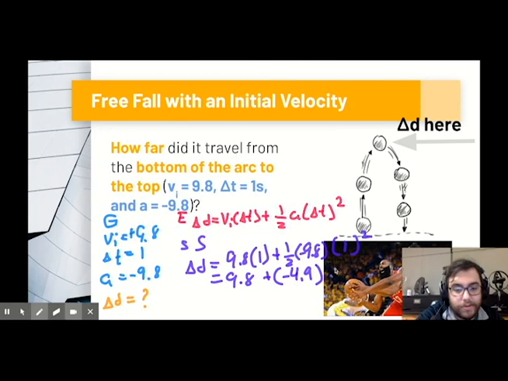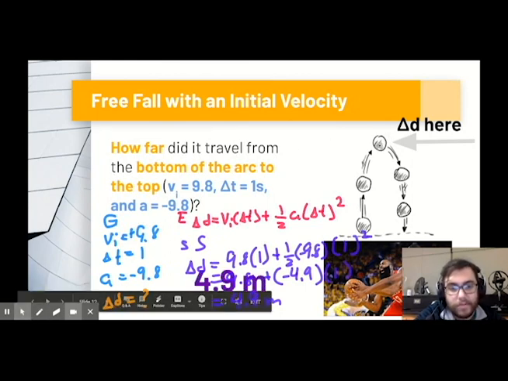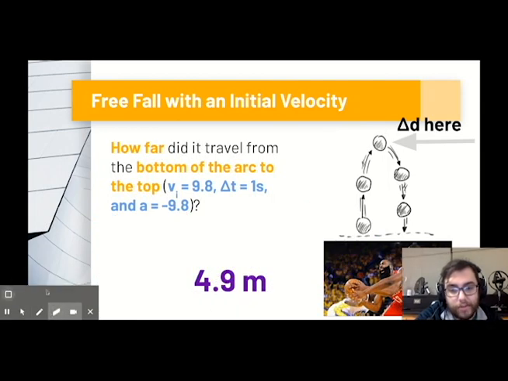So 1 times negative 4.9 will still be negative 4.9. So if you subtract the 2, you'll get a value of 4.9 meters is how far it traveled up to that point. So if we check that out, math it up, yes, indeed, that will be equal to 4.9.